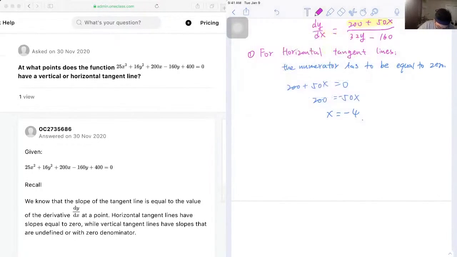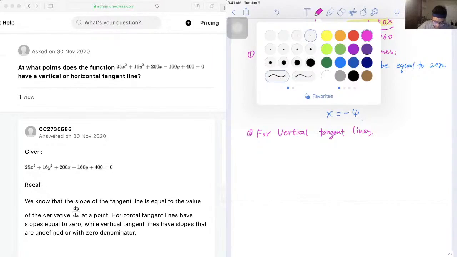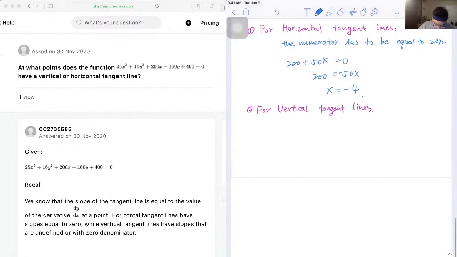So second, we have the vertical tangent lines. The denominator has to be equal to 0.